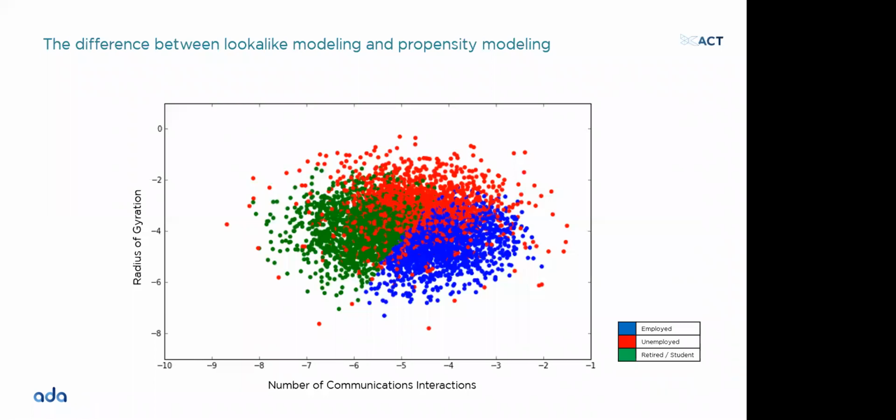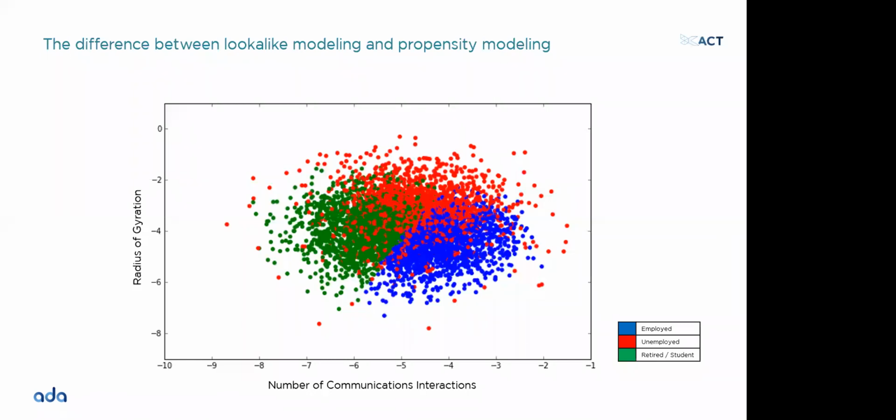Now I'll come to a very interesting but technical point about the difference between lookalike modeling and propensity modeling. When you are trying to explain the kind of insights that we can develop from ADA-Exact, some of your clients who are knowledgeable may point out that other DMPs do the same thing.